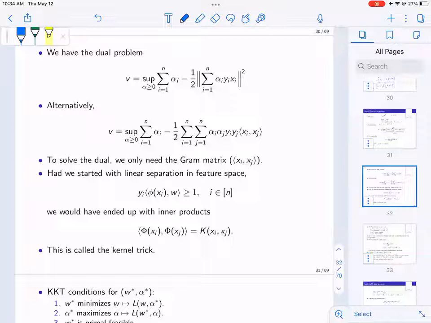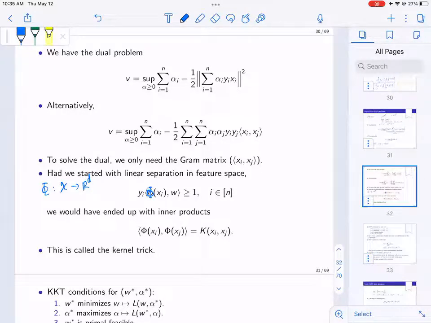Once you realize that, say I started with a feature map phi that mapped the original x space to some R^D. Sorry, x is not higher dimensional. Let's say x is lower dimensional, and then I map it to a higher dimensional space R^D, so that in the higher dimensional space I have separability.